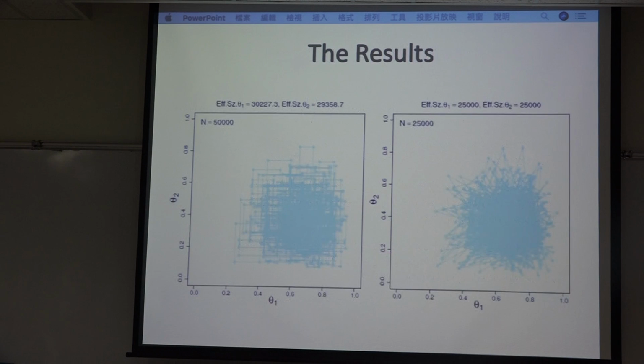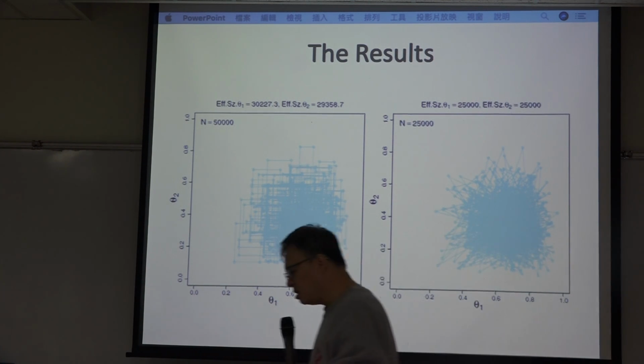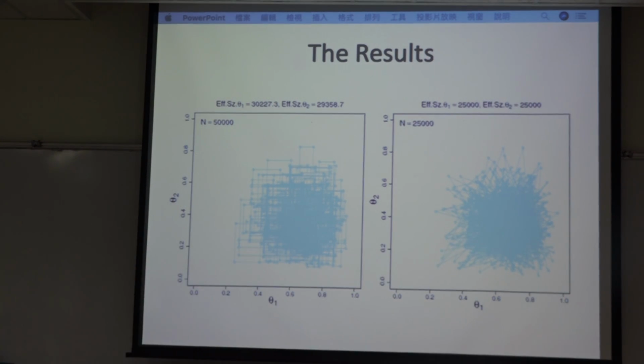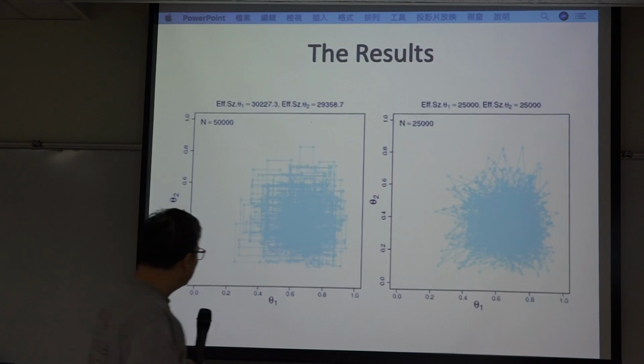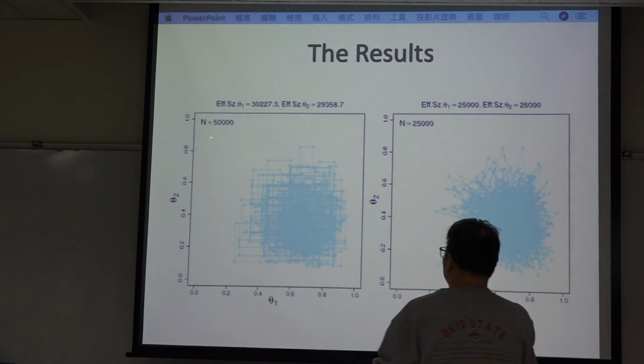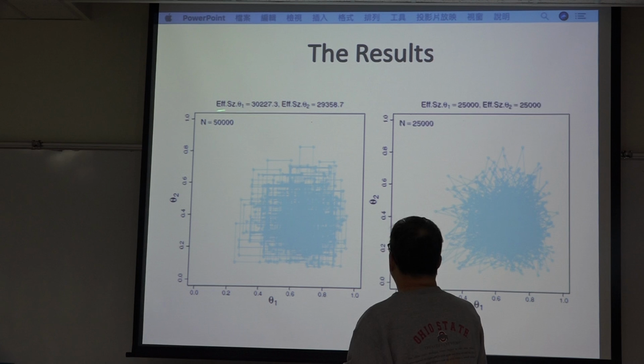Then you can write a simple program to sample on top of this beta function. So this iteration is 50,000.